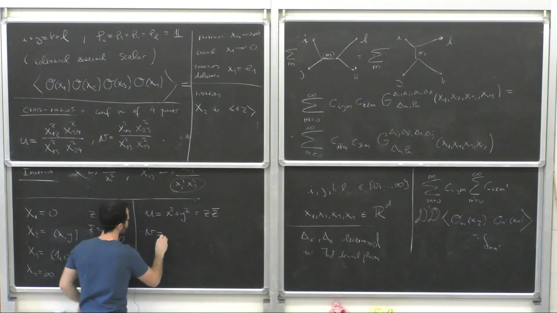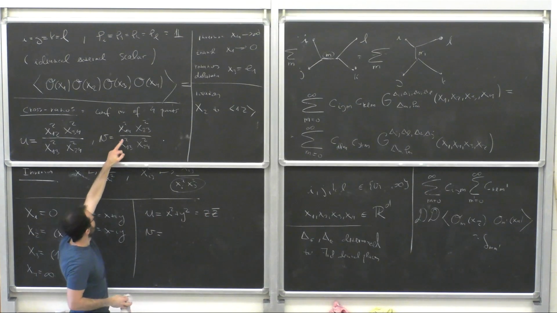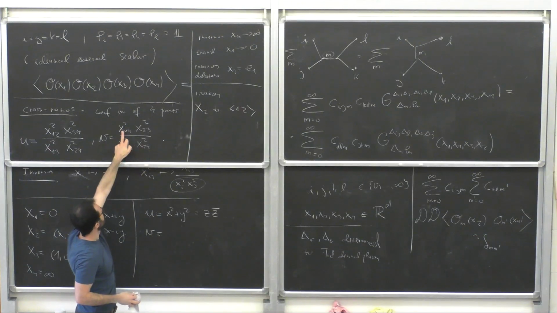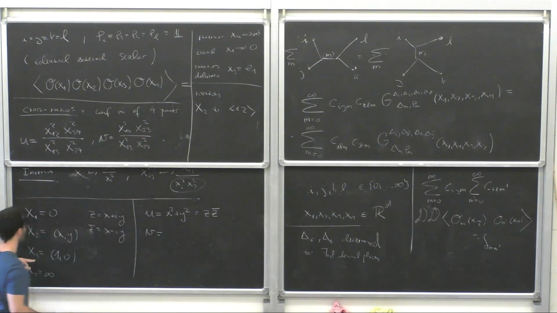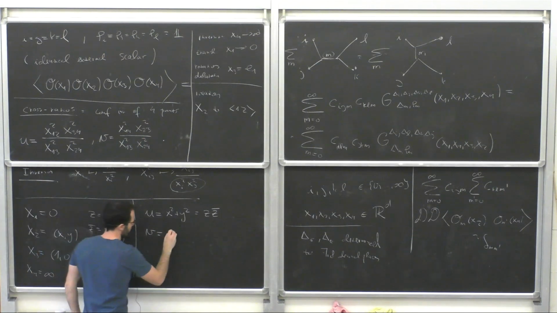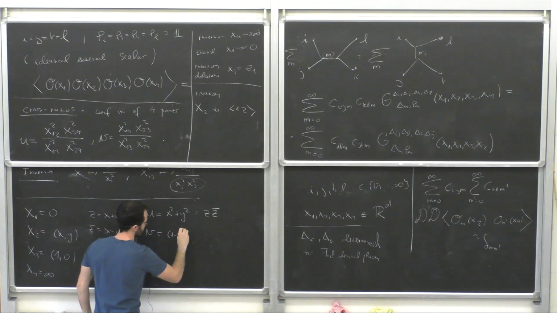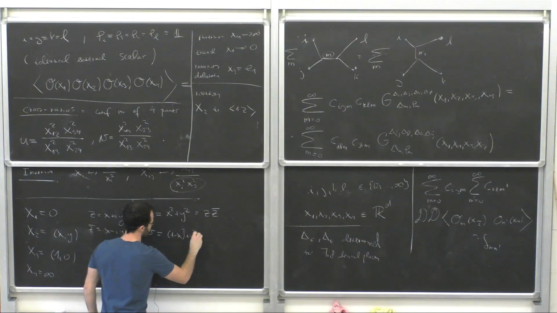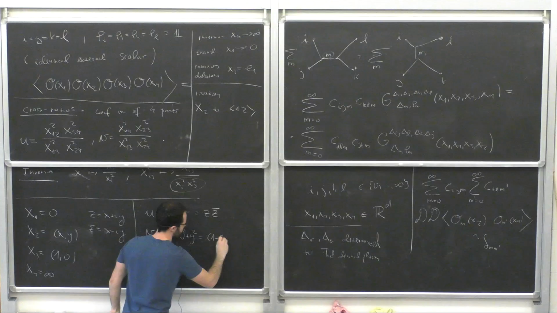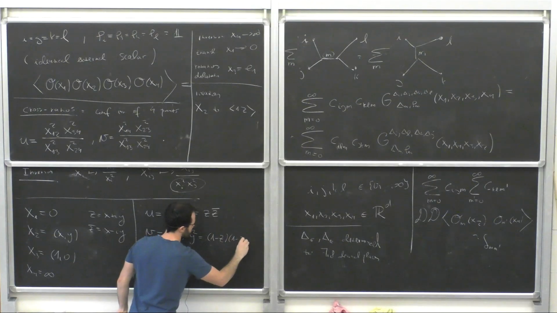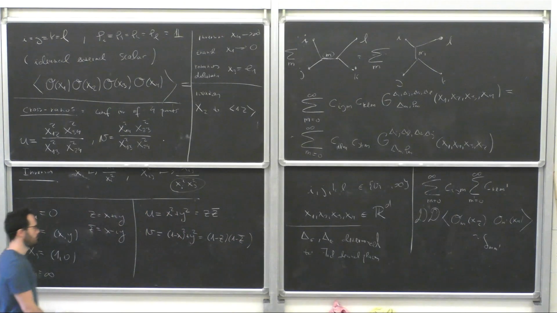And v, well, x4 goes to infinity, so this cancels that. This is 1, and this is just the distance of x2 from point x3. So v becomes (1 minus x) squared plus y squared, which is the distance between x2 and x3. And that's the same thing as (1 minus z) times (1 minus z bar). Okay?